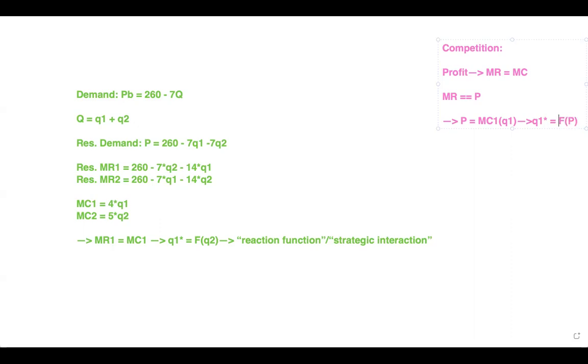It's not going to depend explicitly on what any other firm is doing. And this is what we call non-strategic interaction. This is the opposite of strategic interaction. We say it's a price taking equilibrium.